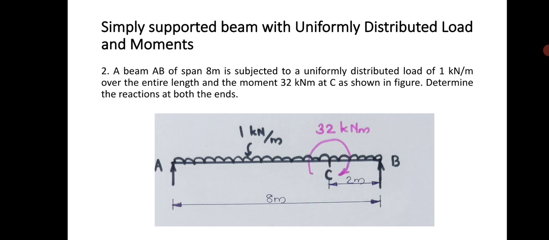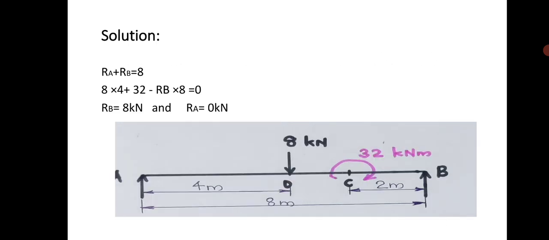So the free body diagram, this UDL can be converted to equivalent point load of magnitude 8 into 1, and that will be acting at the center of AB, that is at a distance of 4 meter from A. So this will be the free body diagram. Here also the beam is in equilibrium, therefore sigma Fx equal to 0, sigma Fy equal to 0 and sigma Ma equal to 0.